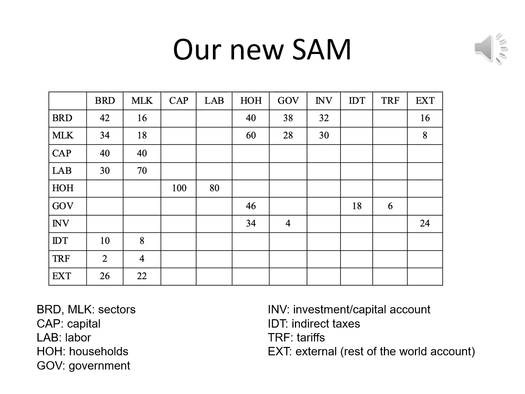IDT and TRF column sums, well, there's only one number here. It's going to be total indirect taxes and total tariff payments. Finally, for the external account, you will see the total column sum will be equal to exports plus foreign savings.